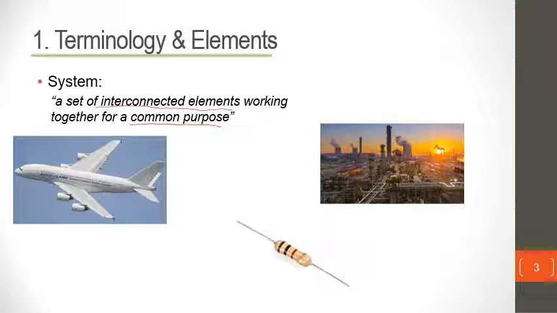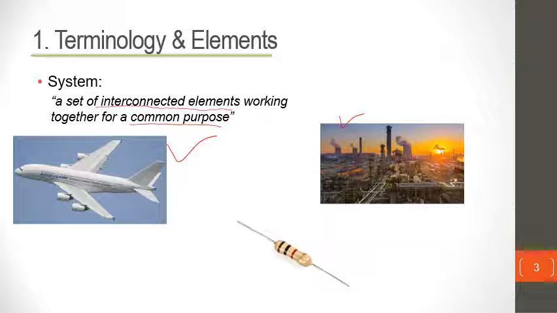Now, a system can be as complex as an aeroplane with multiple subsystems within it, or as big as a chemical plant, like your Sasolburg plant, which is close to our campus, or one of the other chemical plants next to the Secunda campus.